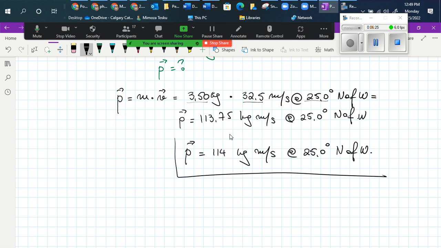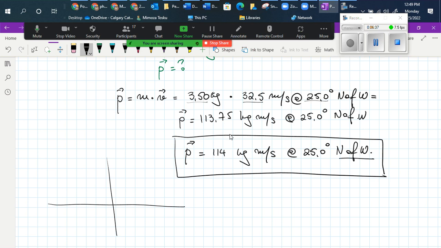So this is momentum, which graphically, in a north, east, south, west axis, can be represented as a vector that is between the north and west, and it has a magnitude of 114 kilograms meters per second. And which one is the 25 degrees angle? Is the angle with west or is the angle with north? West.